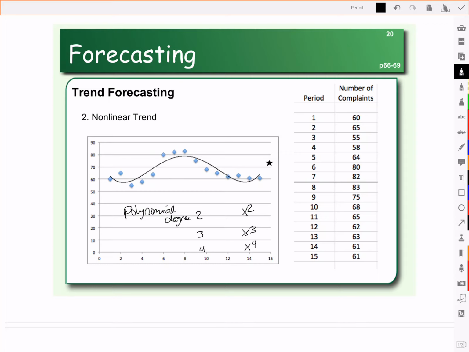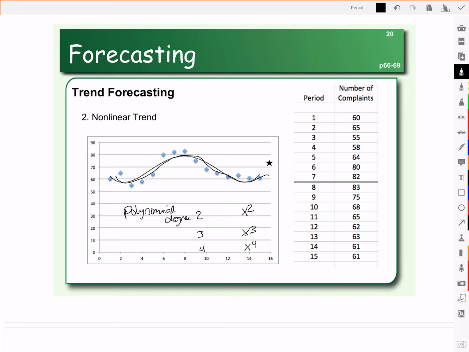So while the accuracy of your forecast and the ability it has to fit your data might get even better, polynomials of degree 4, 5, 6 become a lot more complicated to calculate. We have Excel for that, so that's not too bad. But it also is much harder to explain.